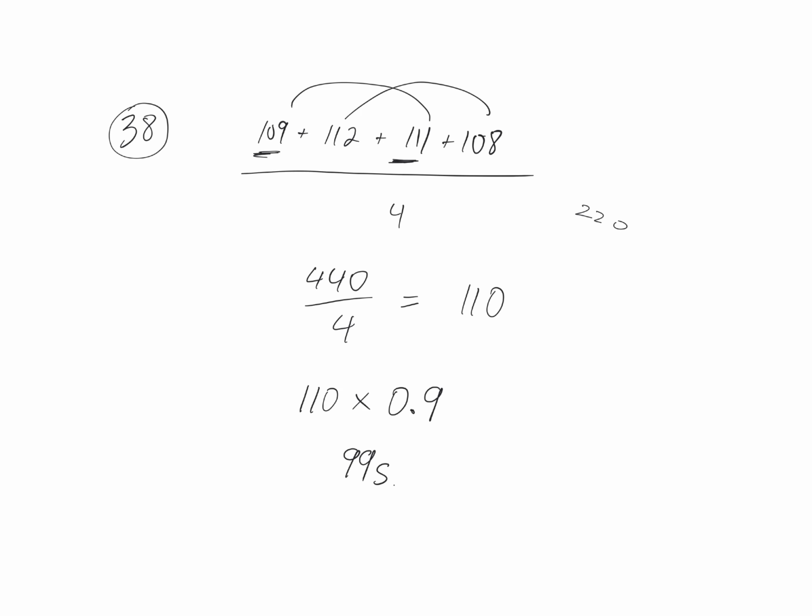And then they gave you 112 and 108, and those very easily also add up to 220. 220 and 220 is 440. Then divided by 4, you ignore the 0. 44 divided by 4 is 11. And then put the 0 on, 110. And then 110 times 0.9 is just like 11 times 9 is 99.